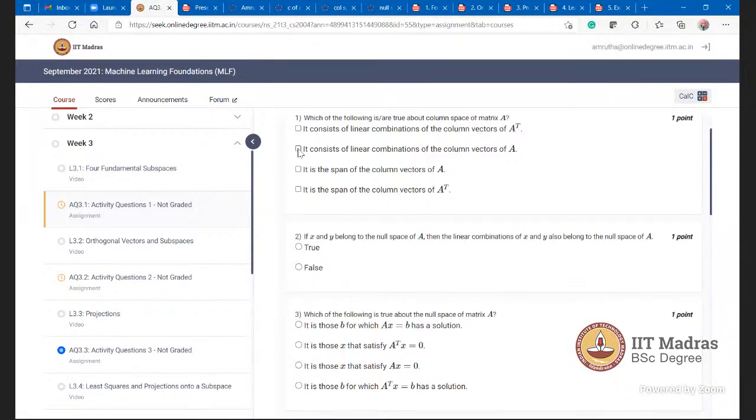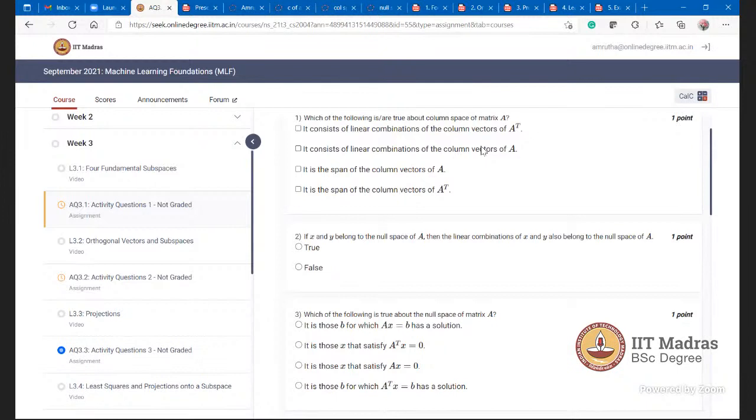If you consider the matrix A, the other columns are also combinations of the pivot columns. They are dependent on these 2 pivot columns.